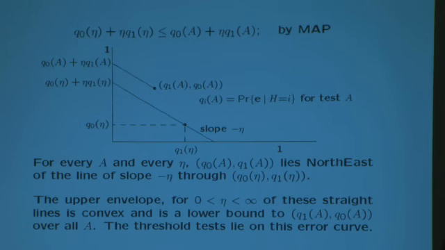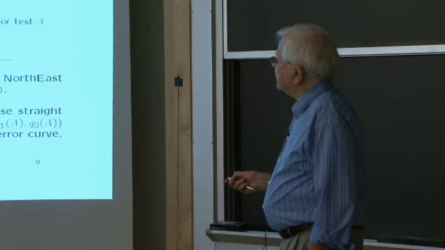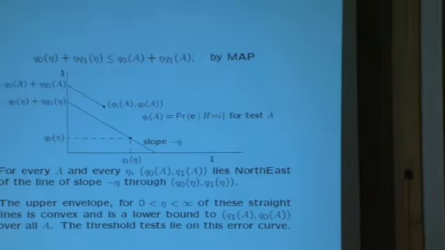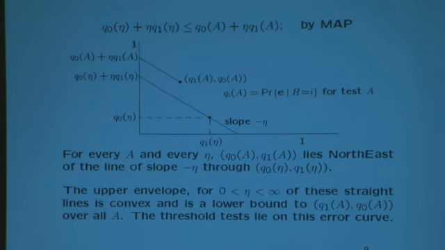You can do this for any eta that you want. For every eta we use, we get some value of Q0 of eta and Q1 of eta. These go along here in some way. You can do the same argument again for every threshold test: every point lies northeast of the line of slope minus eta through that threshold test. So we get a whole family of lines.